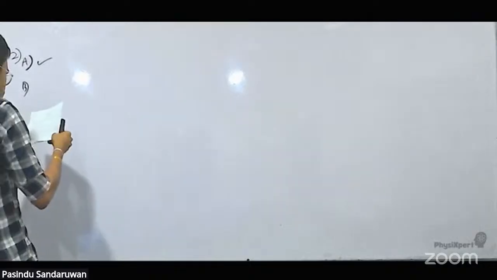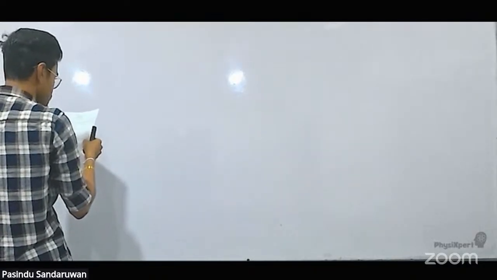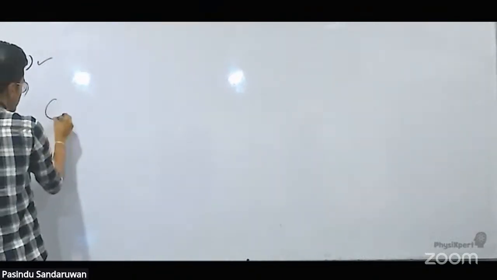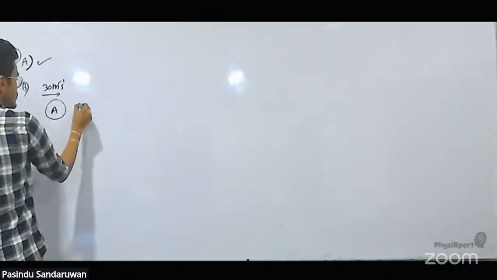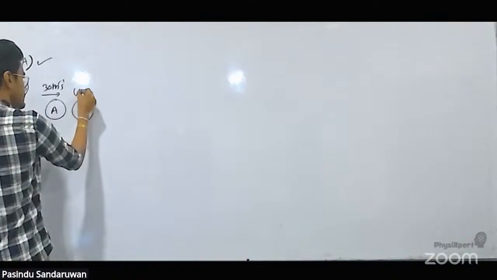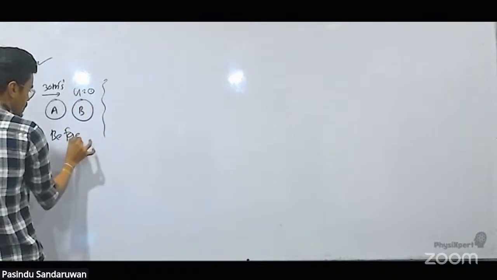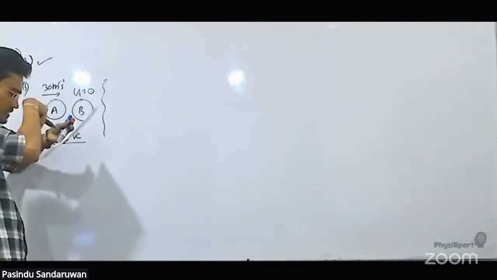Two balls A and B are initially at rest on a smooth horizontal table. Ball A starts moving with a uniform velocity of 30 towards B. So before collision, ball A starts moving with 30 m/s towards B, which is at rest. This is what happens before collision. And it collides with it.